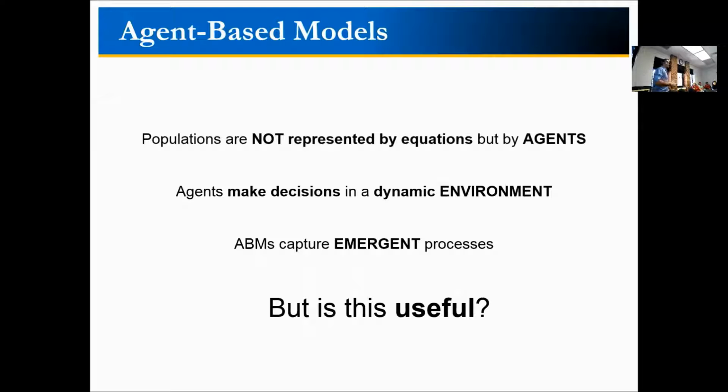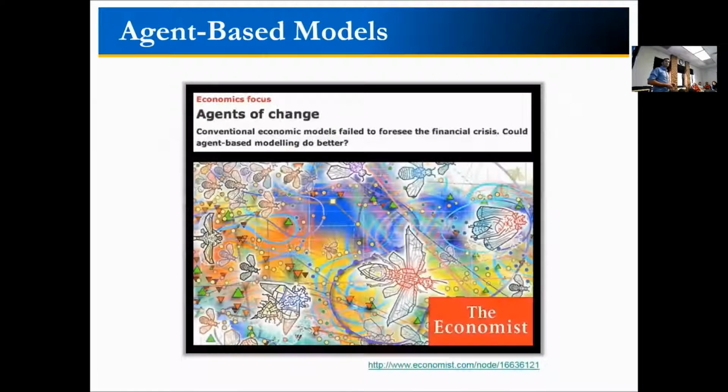But is this useful? That's the big question. And a lot of people would argue that, yes, it's a very useful framework. After the economic crisis of 2008, 2009, a lot of economists were arguing that all the economic models that the government was using failed to project the future crisis.